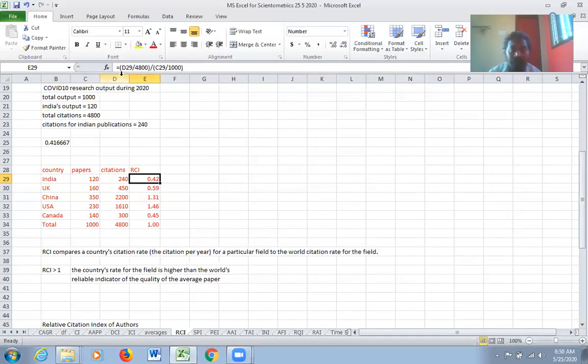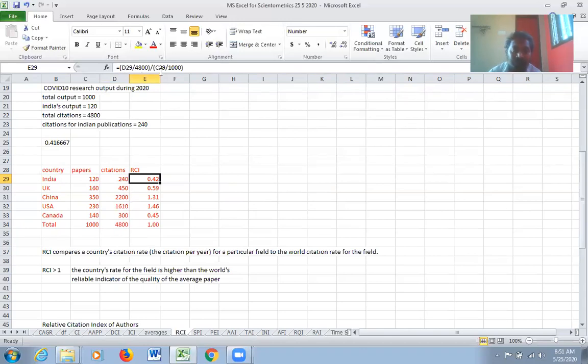Very simple. D29. What is D29? D29 is the citations received by India, 240, divided by 4,800. What is that? That is the total number of citations received by all the countries during a given period. So 240 divided by 4,800, first portion of the formula.